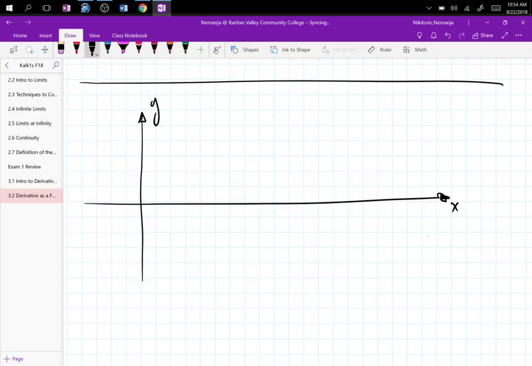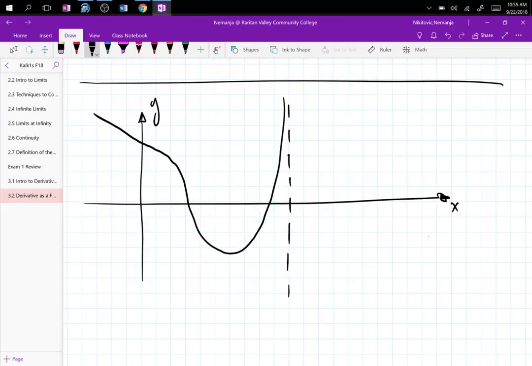So we're going to have a vertical asymptote. And we'll have the function look like this. So this is your f of x.